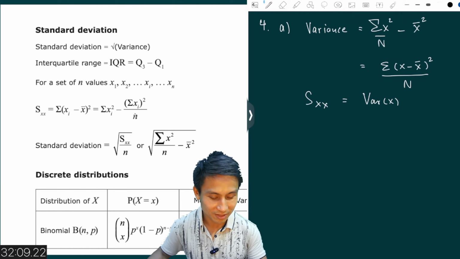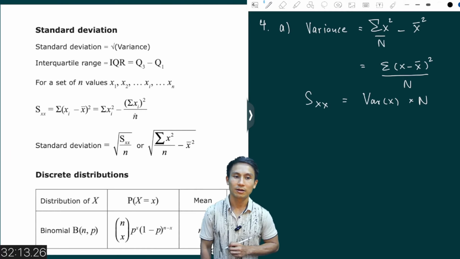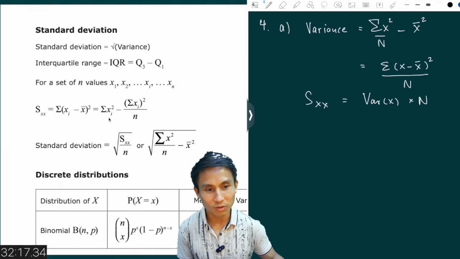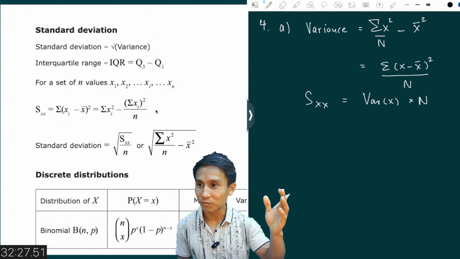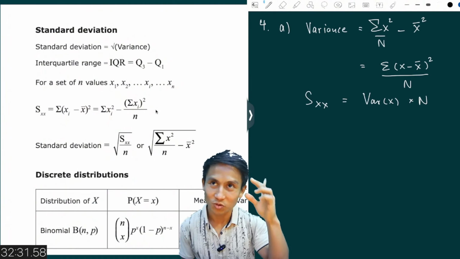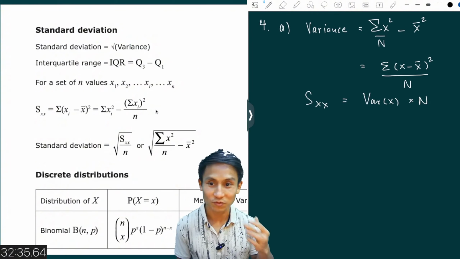I'm going to write x bar here times n actually, because when you divide by n across here, you're going to get the variance. So when you divide these two terms by n, sigma x here, both of them will have one n dividing. So each of them will then become x bar because that's sigma x over n.